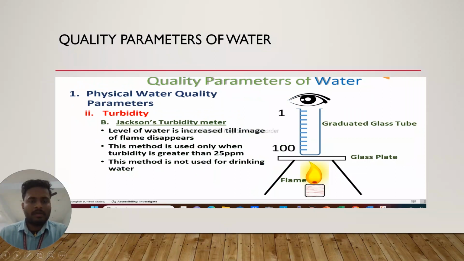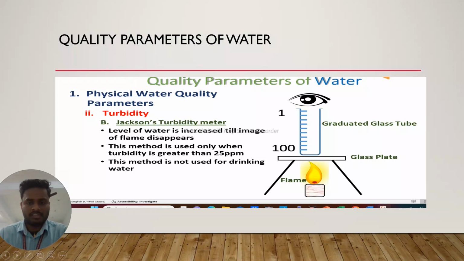What do you mean by Jackson turbidity meter? These are the methods by which we find out turbidity. In the Jackson turbidity meter, the level of water is increased till the image of the flame disappears.